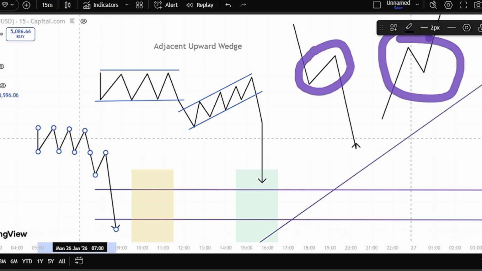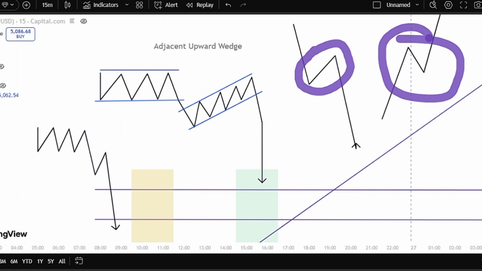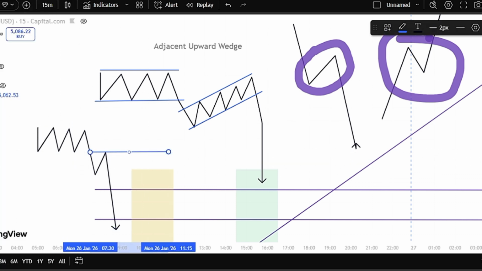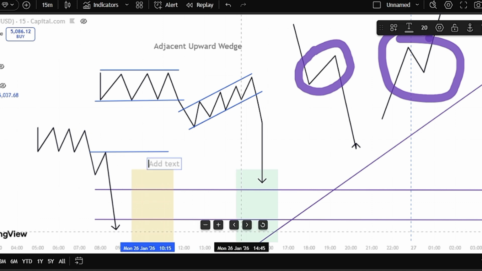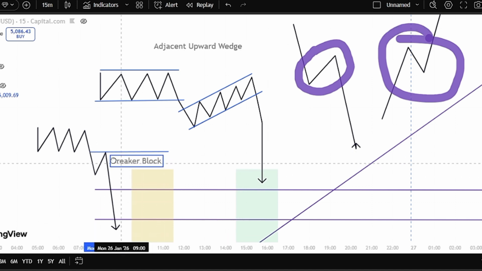This particular other block here is not going to be tagged an ordinary block, but it's going to be tagged a breaker block. Are we together now? This is simply how breaker blocks are formed.